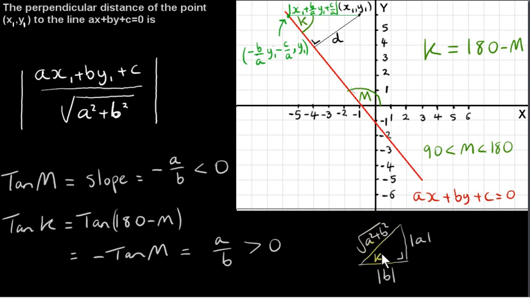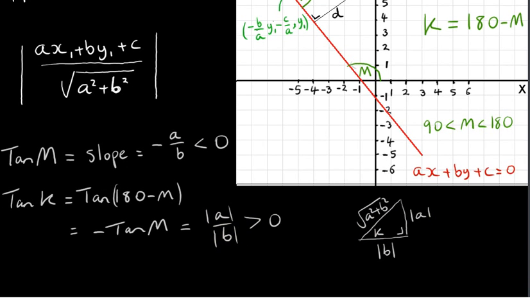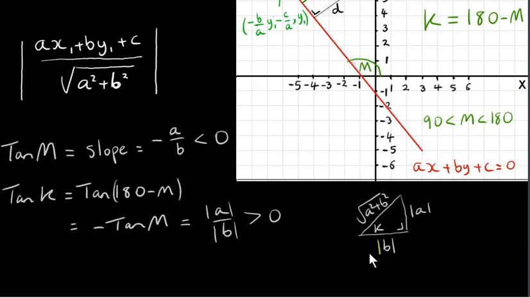Now we can write down the sine of K. So we can just get the magnitude of this, because A over B is positive anyway. So getting the magnitude won't change anything. So now we can write down the sine of K is the magnitude of A divided by root A squared plus B squared, just like before.